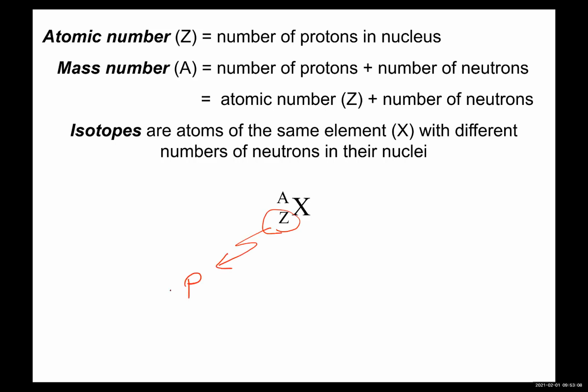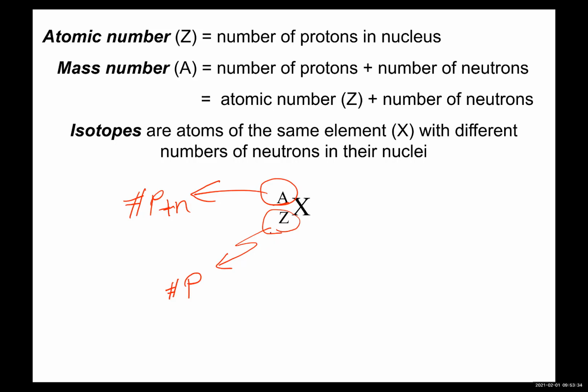This shows the number of protons. And we show the mass number on the upper left. This shows the number of protons and neutrons. If you want to calculate the number of neutrons, you just take the number on the upper left minus the number on the bottom left, and you get the number of neutrons.